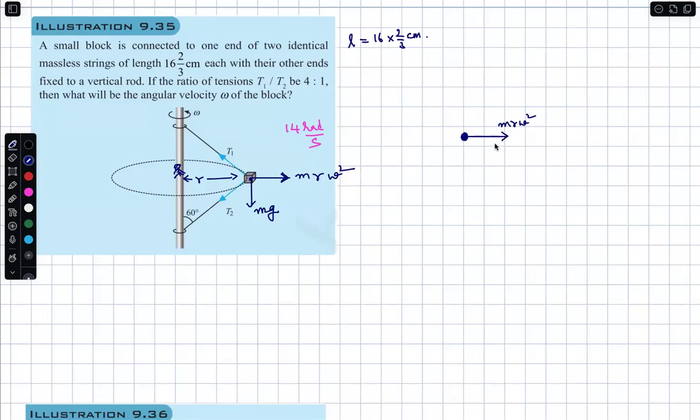The other is T1, which makes an angle 60 degrees. The other is T2, which makes an angle 60 degrees. And mg. These are the different forces in the diagram.